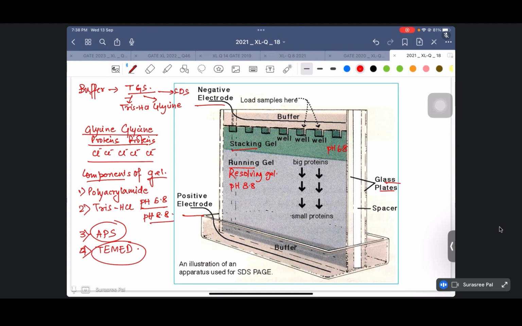APS initiates the formation of free radicals, and TEMED actually accelerates that process. So if you do not add these two components, your gel won't solidify.